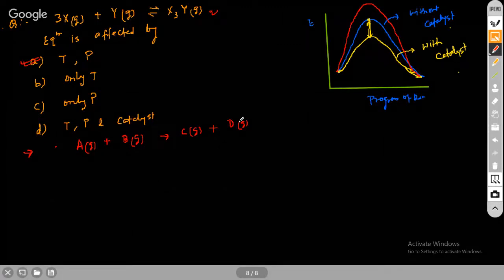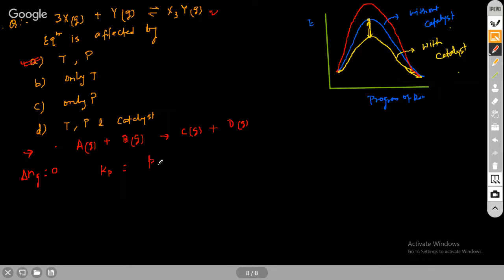Now in this you see, del Ng is zero over here, right? So Kp, if I write for this reaction, this is the type of reaction where del Ng equals 0, because the number of moles of product is 1 plus 1, 2, minus 1 plus 1, 2, it is 0, correct? So Kp is equal to what?